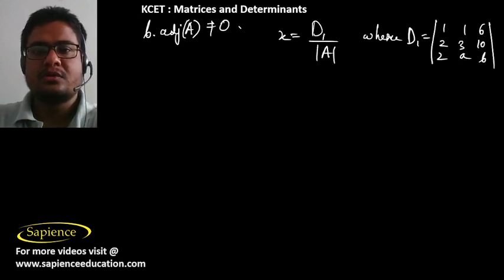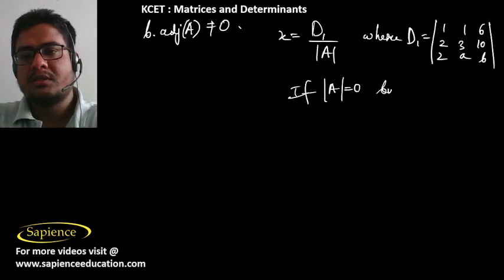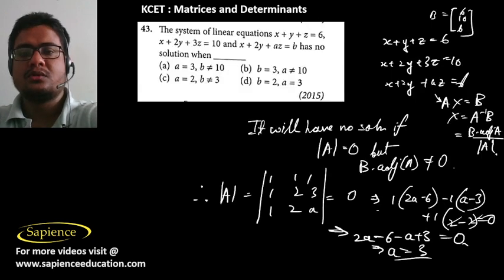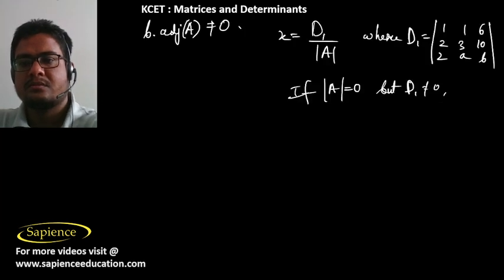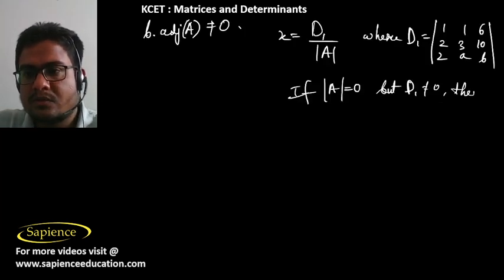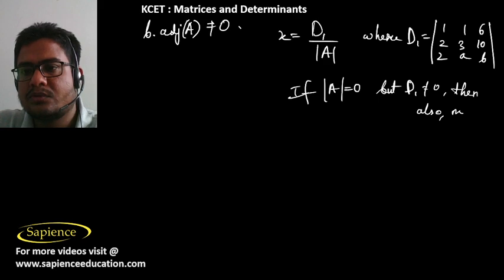Now if the determinant of A is 0 but D1 is not equal to 0, then also it has no solution. So it has no solution.